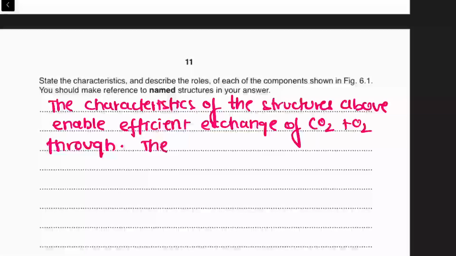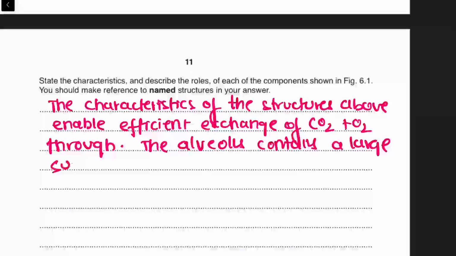Then you have to name the structures. You have to show them that you know the names, like the way we label. The alveolus contains a large surface area. You don't have to repeatedly write alveoli contain large surface area for efficient gaseous exchange, alveoli have one cell thick walls for gaseous exchange.